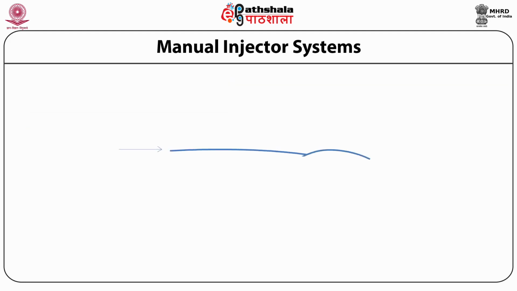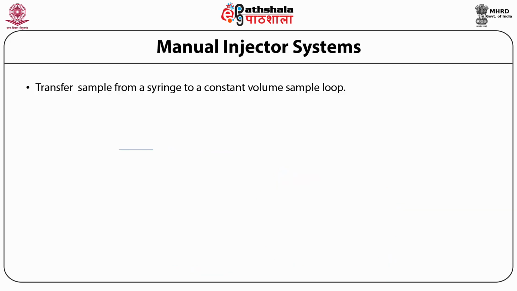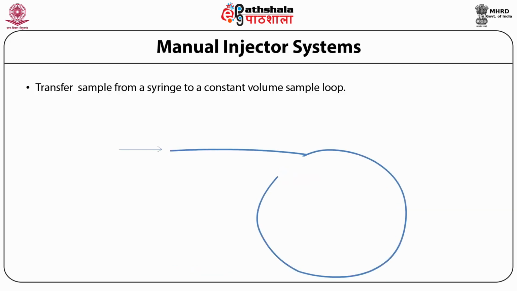Manual injector systems. Under manual injection system, the sample is introduced at atmospheric pressure into the loop by a syringe. The loops are designed to take up a fixed volume of sample like 20 microliters, 50 microliters, 100 microliters or 200 microliters.